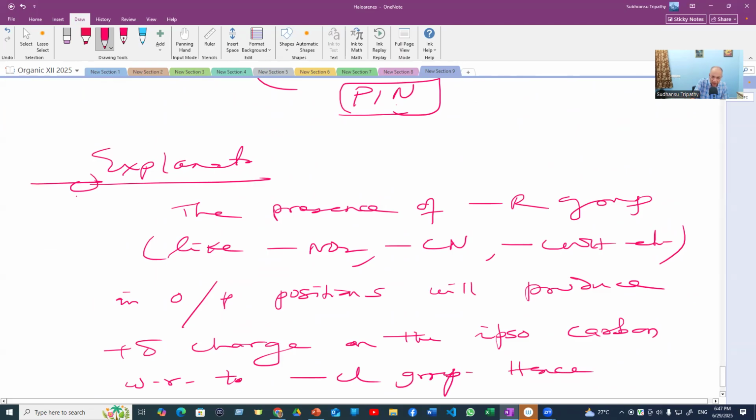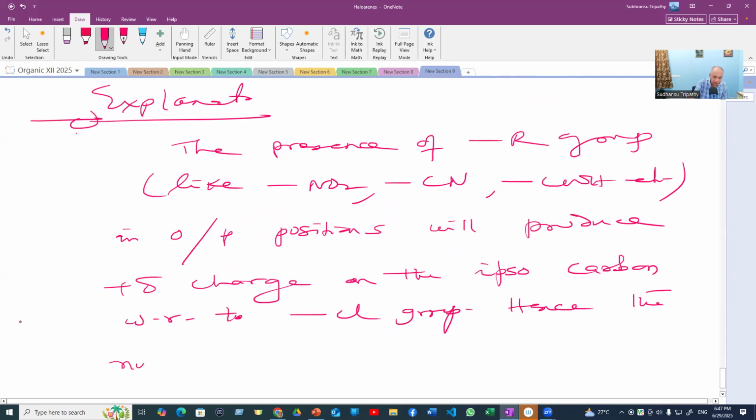Hence, the electrophilicity of that carbon will be enhanced. Although in general, the benzene ring has an electron cloud and is itself a nucleophile, once there is a nitro group which will take away most of the electron density towards itself, it will produce a distinct plus delta at the ortho-para position with respect to nitro, and therefore it will produce plus delta at the ipso carbon with respect to chlorine.